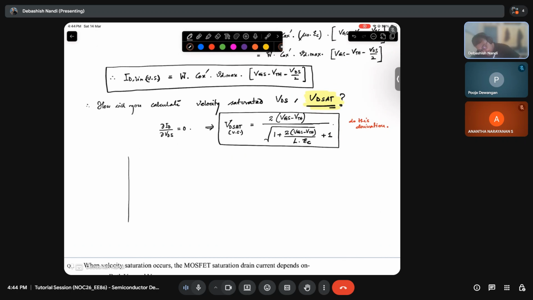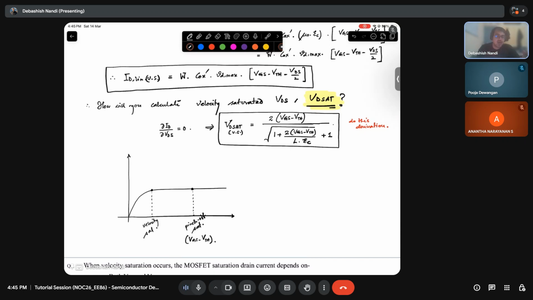But the important point is, in short channel devices, if this is your velocity saturation and this is your pinch off saturation, this pinch off saturation point is VGS minus VTH, right?